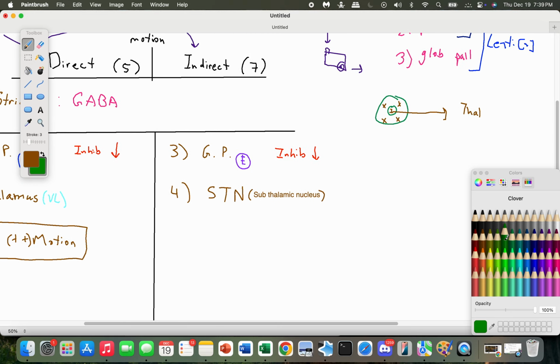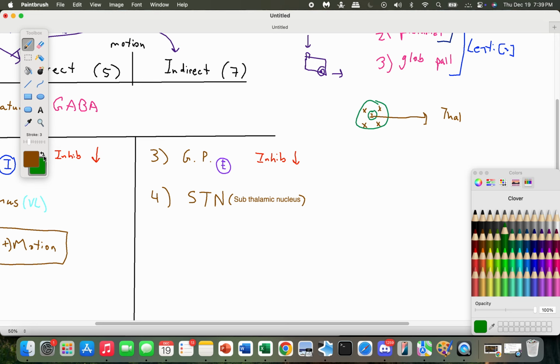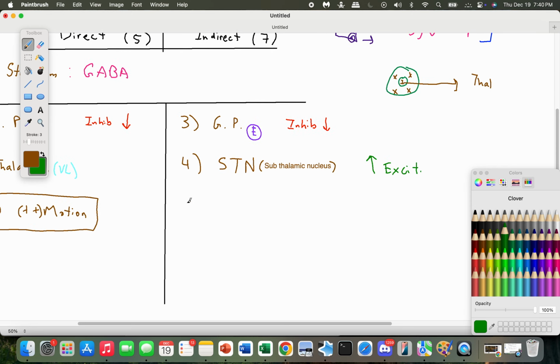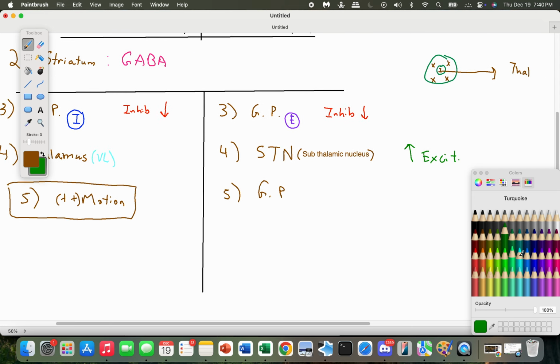So what is that going to net us? That's going to net us an excitation. An excitation of the subthalamic nucleus. Okay, now that we've excited the subthalamic nucleus, now we can actually talk with our globus pallidus internal structure.